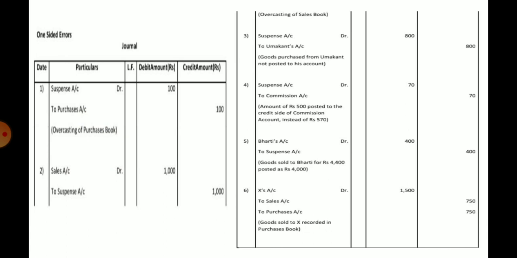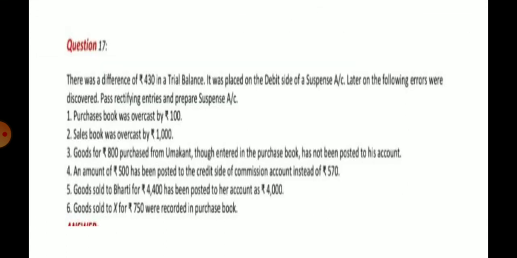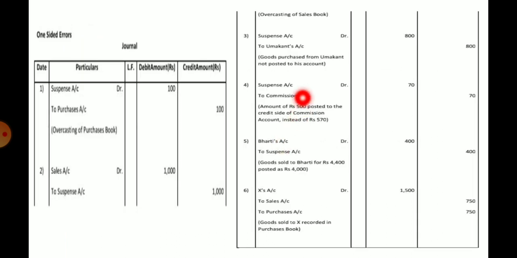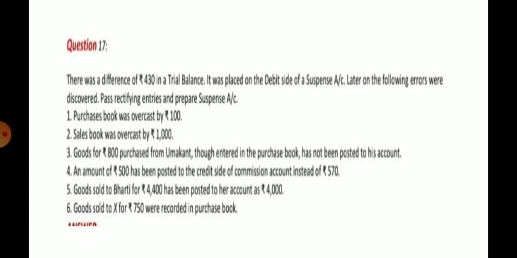Now the next entry will be goods worth 800 purchased from Umakant, entered in the purchase book, has not been posted to his account. So it is an error of omission. So suspense account debit to Umakant. Okay. Now next, an amount of 500 has been posted to the credit side of the commission account instead of 570.